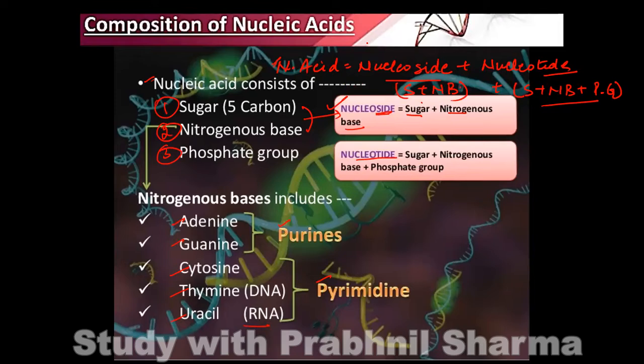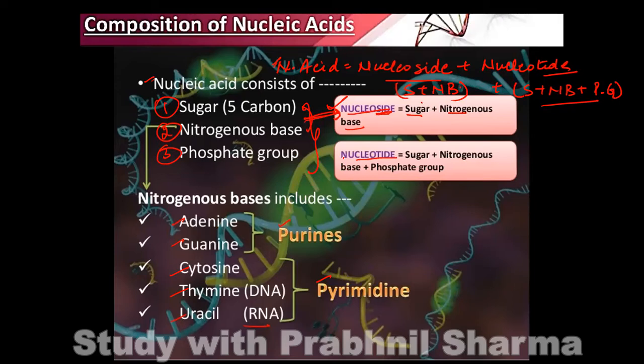So nucleic acid consists of three main things. The first one is pentose sugar, that is 5-carbon sugar, then nitrogenous base, and then the third one is phosphate group. Nitrogenous base and sugar combine together and we call them a nucleoside, and these three combine together and are known as nucleotide.